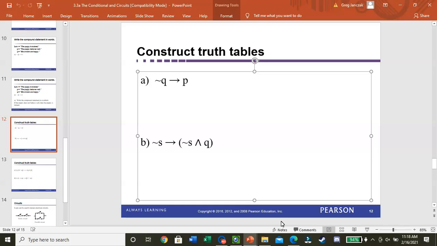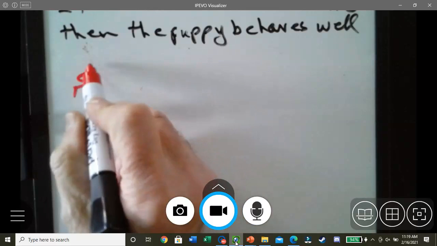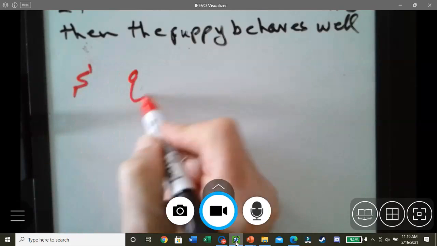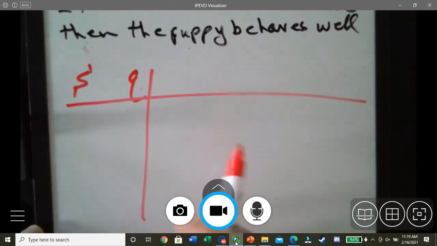So I'm going to have to change it then. So now we're talking about S and Q, not P. That means we're going to put in here S instead of P and Q. So we're working with S and Q, okay?